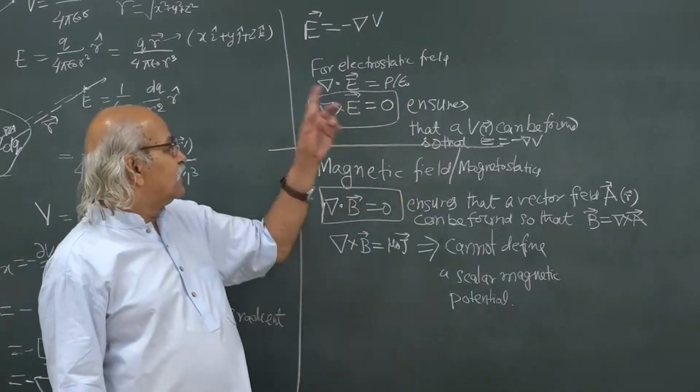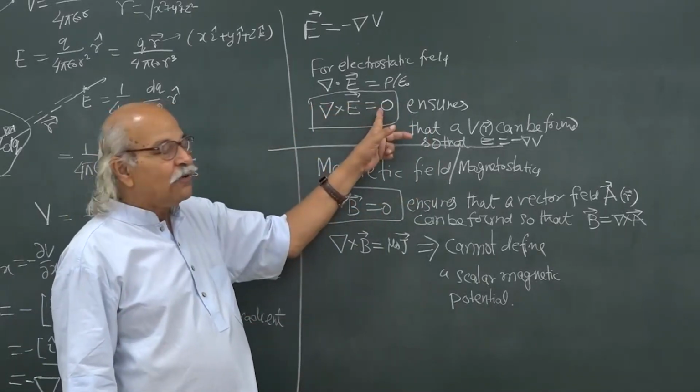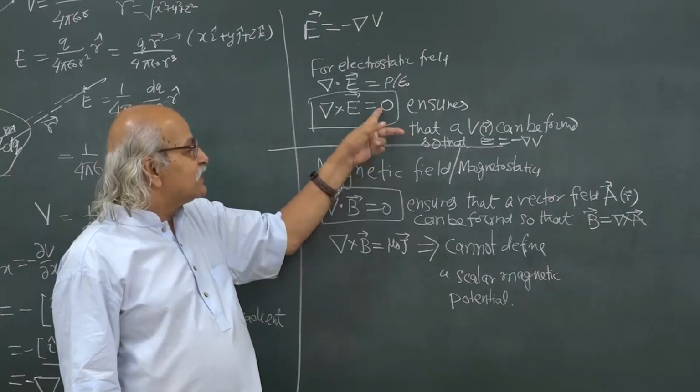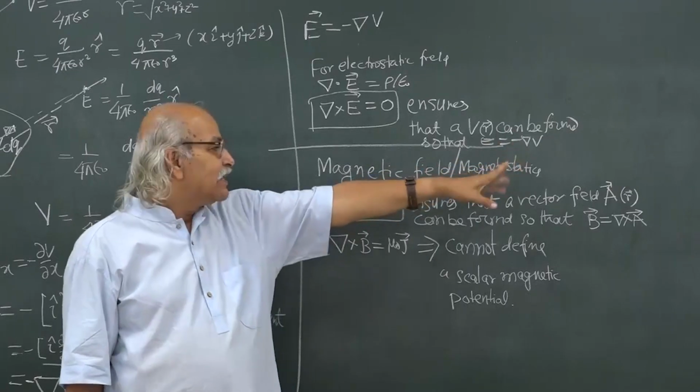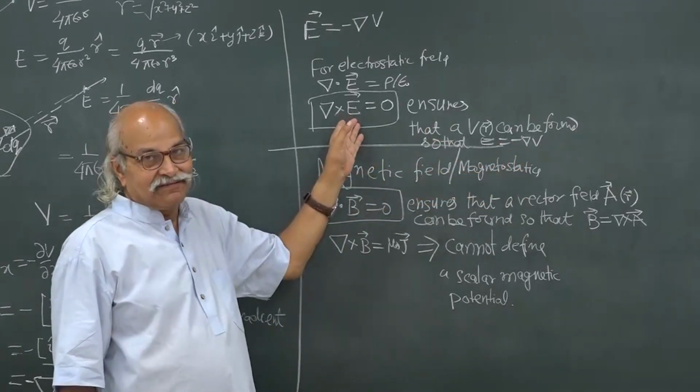Okay. So, if curl of a vector field is 0, that ensures that a scalar function can be found, so that you take the gradient and you get this electric field.